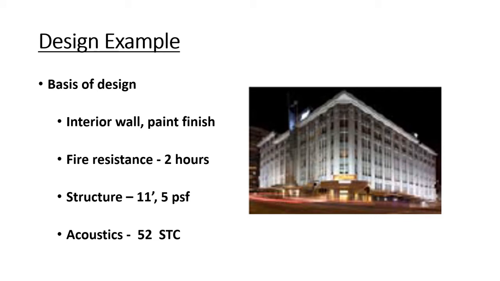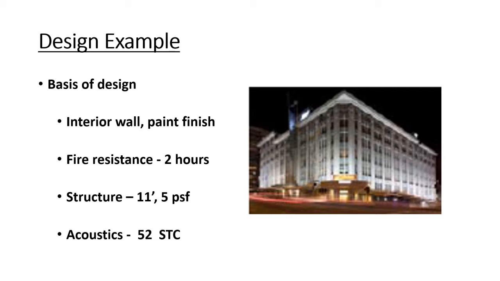Now we will do a simple design exercise that will illustrate what we have learned today. The basis of design for this exercise is to design a partition to meet the following conditions. The wall will be an interior non-structural wall that will require a paint finish. The local code requires that a wall shall have a fire resistance rating of 2 hours.